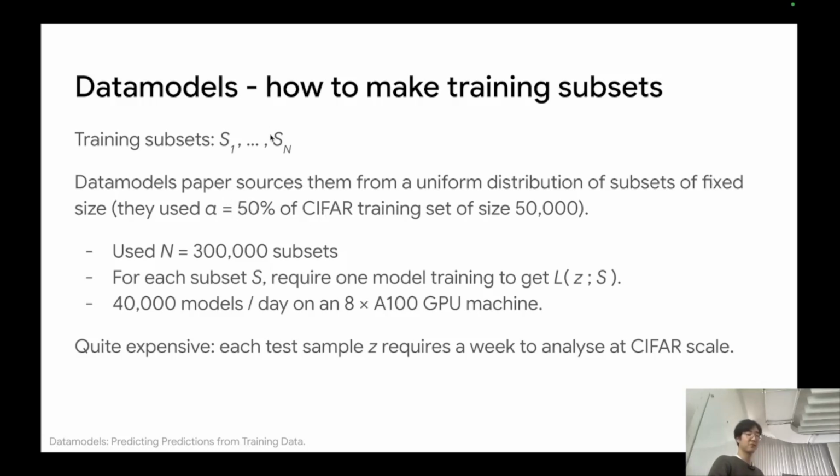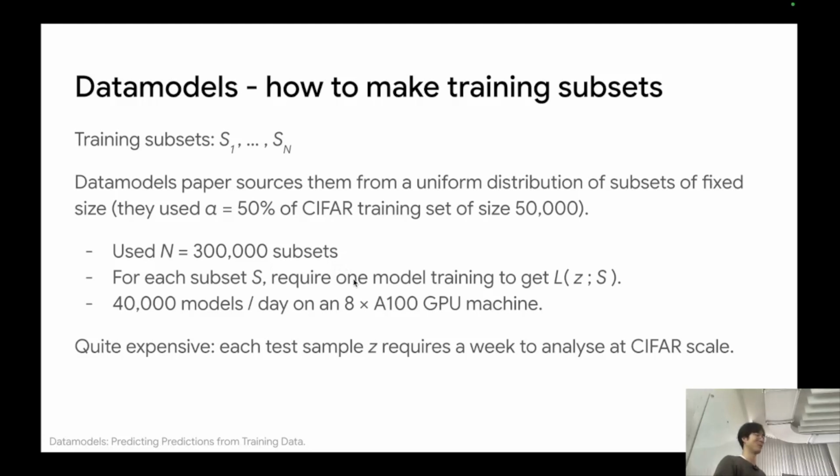The size of the subsets they used was alpha equals 50%, so 25,000 samples for each subset. And they sampled 300,000 subsets like this. Okay, that's a huge number. That means they had to retrain the whole model 300,000 times. How much CO2 is that?